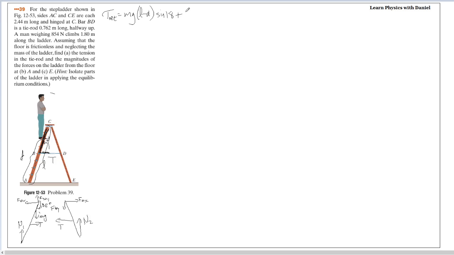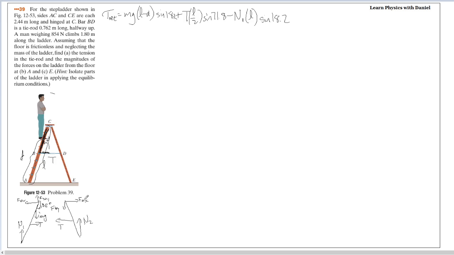So its torque will be T times L over 2 times sine 72. Or I guess this one will be 18.2 and this one is 71.8. So we have these two torques, and in the opposite direction to balance them, we have a torque from N1, which will be a minus N1 times L times sine 18.2.